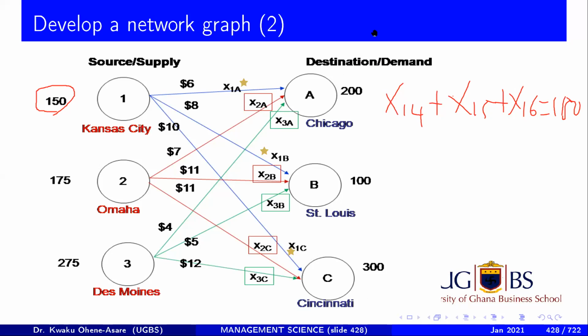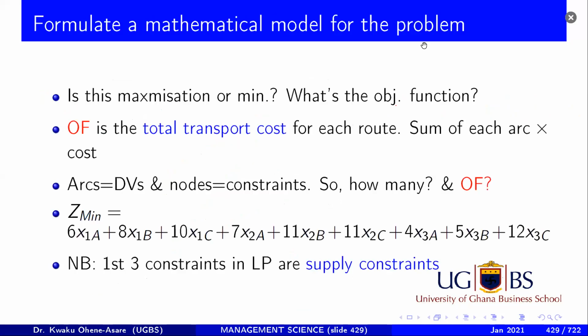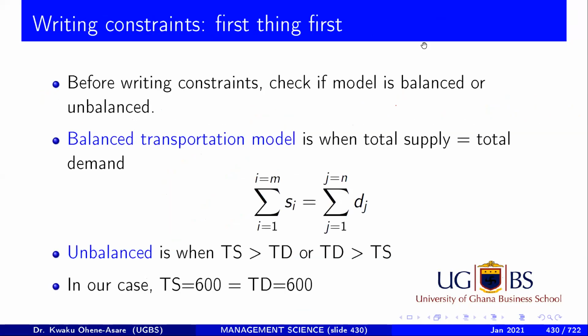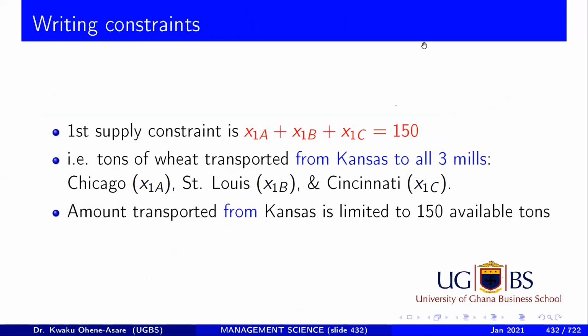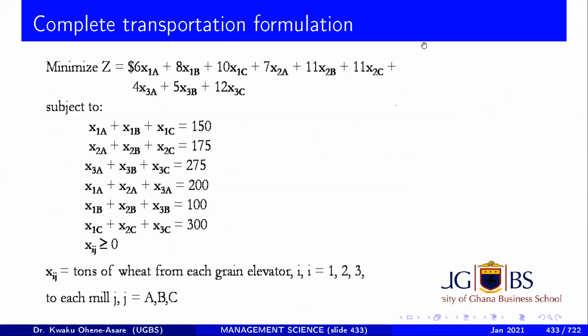So check that. If you are able to go through this and execute all of them very nicely, eventually you're going to get a beautiful formulation like this. You can see clearly the beauty of it.